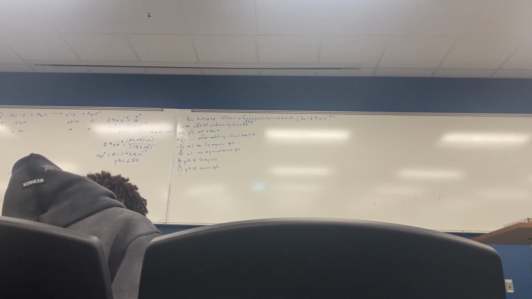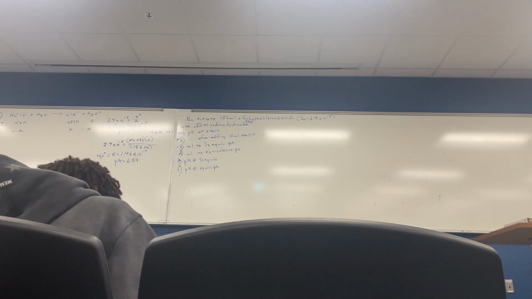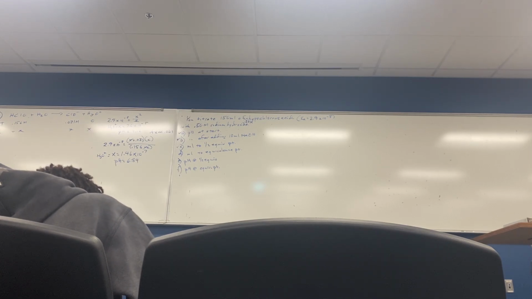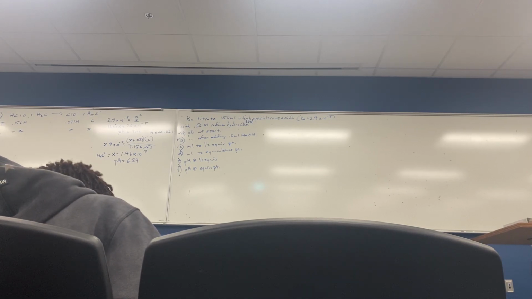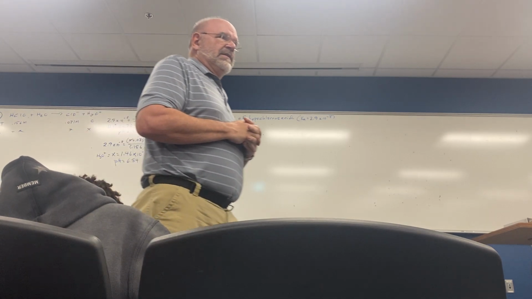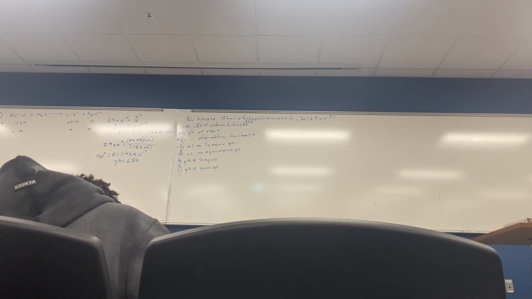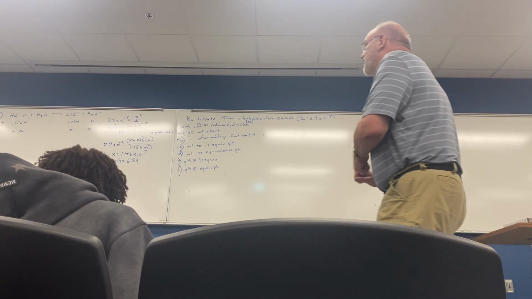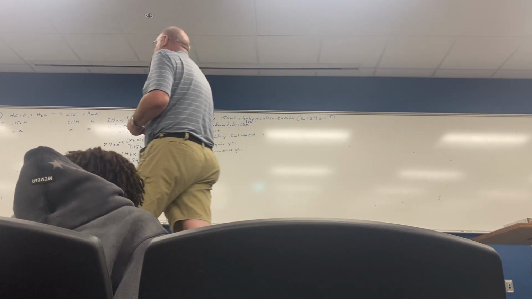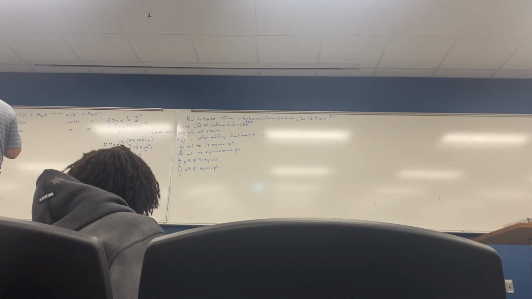Okay, so we all got our equivalence point, right? 60 mils? Awesome. Okay, what's the pH at the half equivalence point? The pH is equal to the pKa, right? Let's go through that again so that those of you who didn't get it can follow.